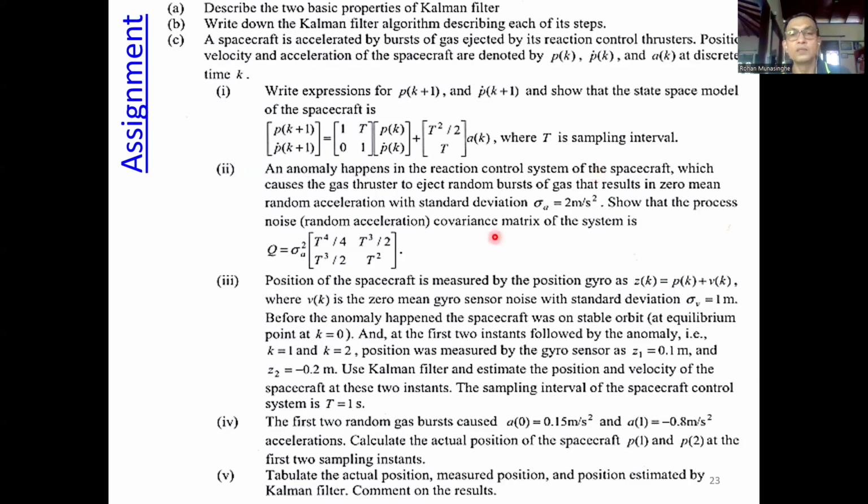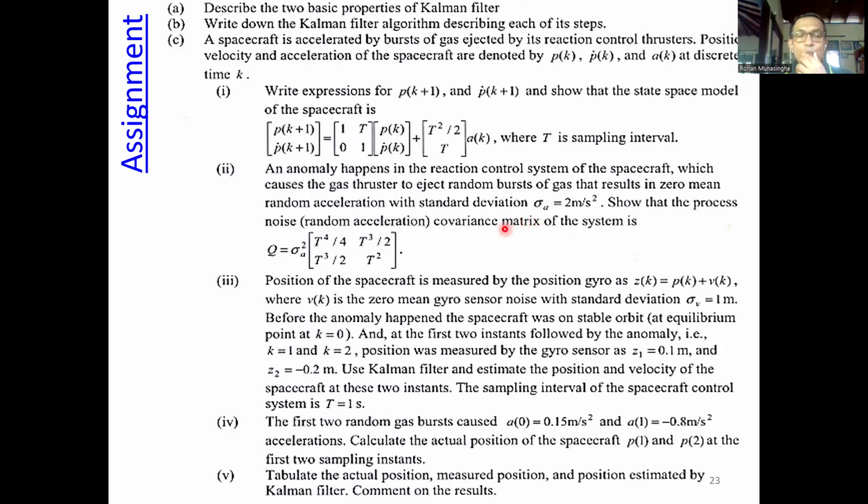So this is unmodeled dynamics. It was not there earlier. Now there is this dynamics, so we cannot neglect it. We have to consider that gas burst, and therefore the resulting motion of the spacecraft, and predict where it goes as a result of these random gas bursts.